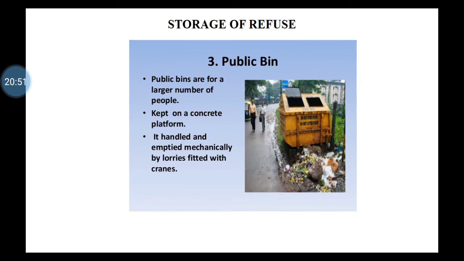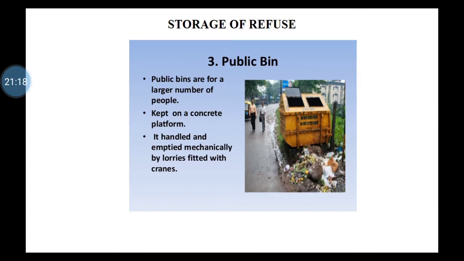Now, this is a public bin. Street and roadside refuse should also be stored in large size public bins, and that is to be collected by the conservancy staff of the municipal corporation. These public bins are used for a large number of people, and they are kept at a central place of any particular society.